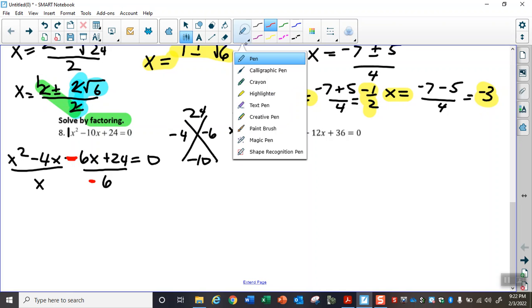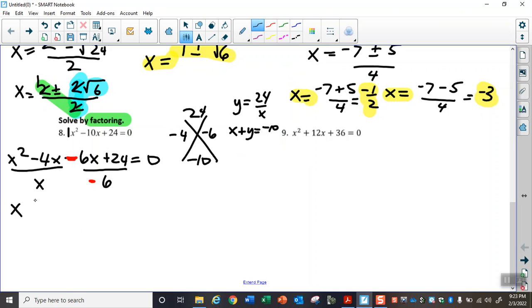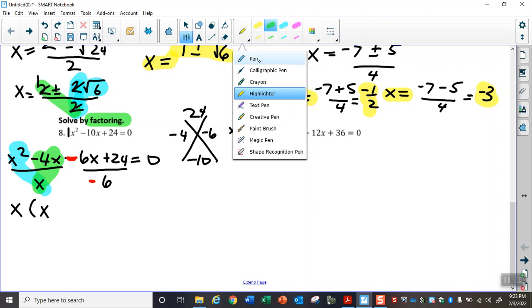Okay. And then now what I'm going to do is bring the GCF into the front. So x comes in front. Then I'm going to divide, right? x squared divided by x gives me x. And then I'm going to divide here. Negative 4x divided by x is going to give me a negative 4.